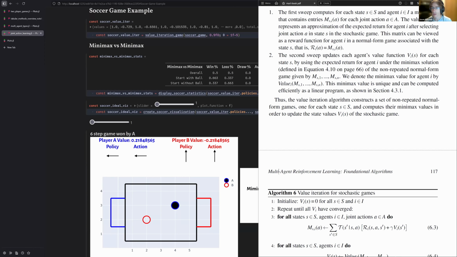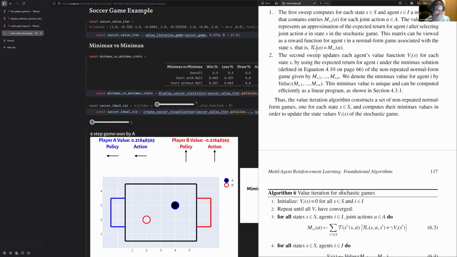And then each of these matrices, each of these slices, you can actually view as if it's a normal form game in that state. Normally in a normal form game, there's this reward matrix, which tells you what reward values each agent gets for every joint action selection.